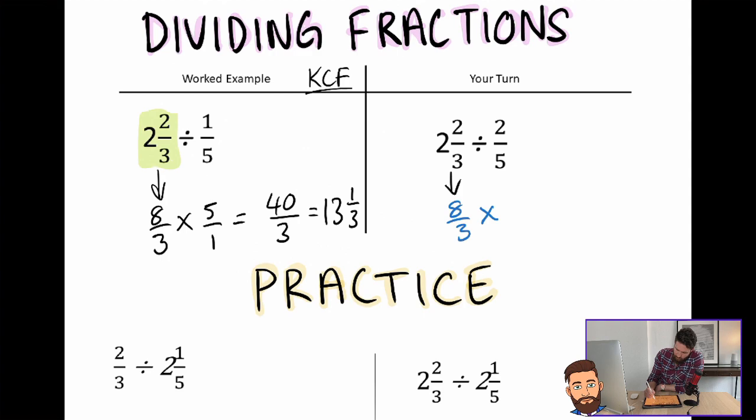Divided, so change and flip, which will give you 40 over 6, which we could simplify and change because it's top heavy into a mixed, which will be 20 over 3. How many 3's go into 20 whole? It's going to be 6 with 2/3 left over.